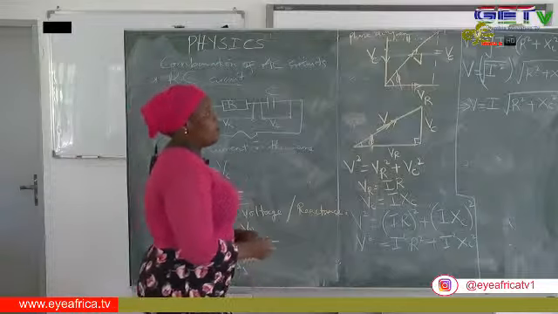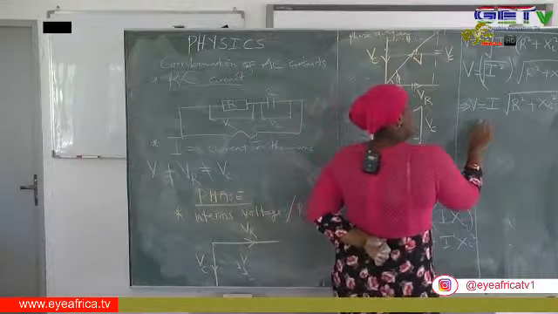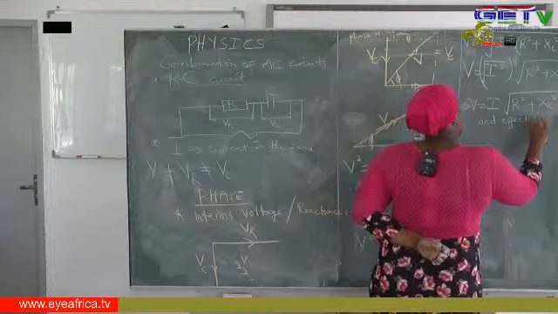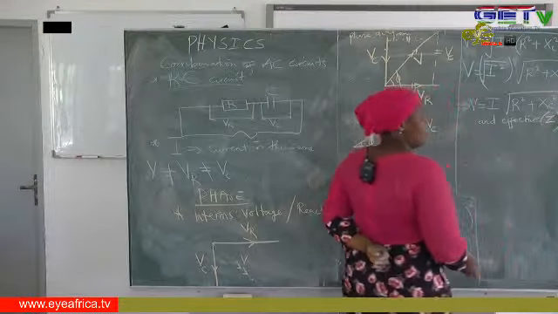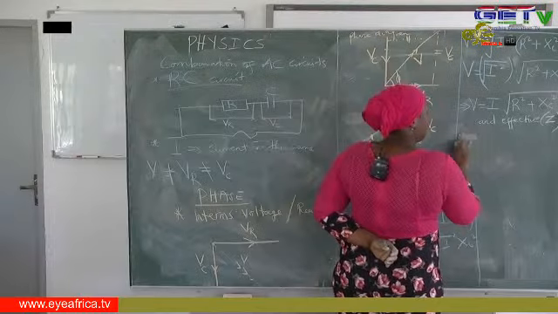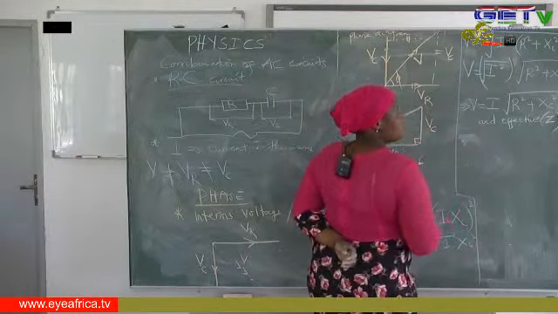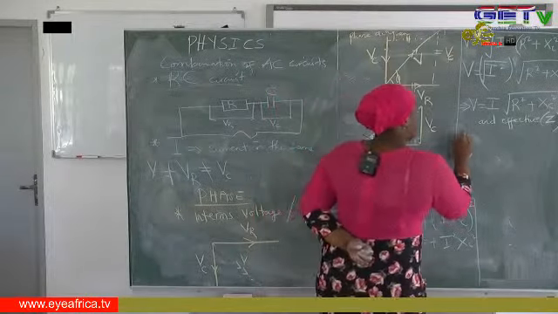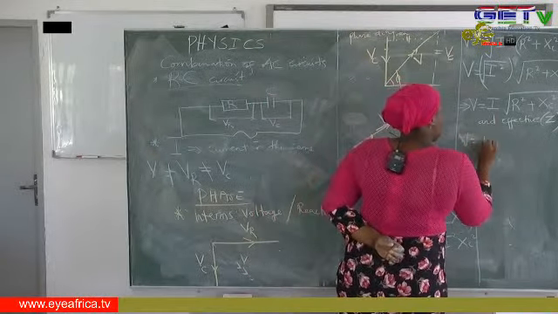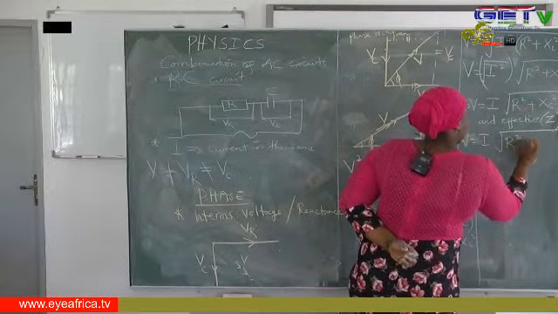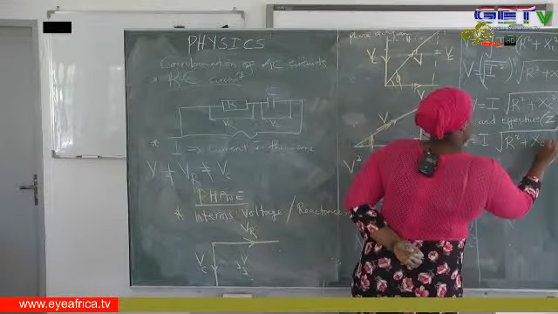Clear? Good. But again, we want to know the effective opposition, which we call Z. That is the impedance. V is just the same as the total voltage. Good. So this gives us V equals I into the root of R squared plus XC squared.